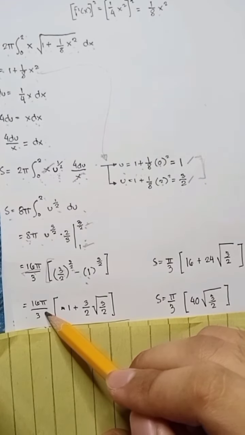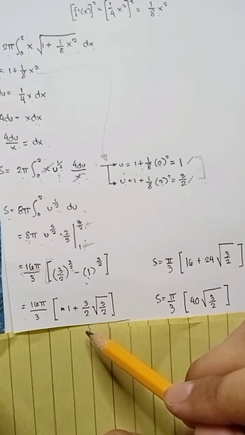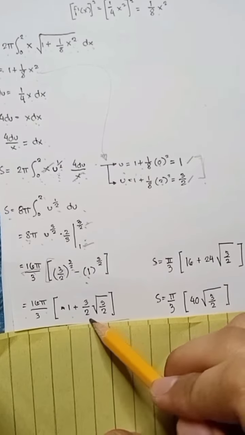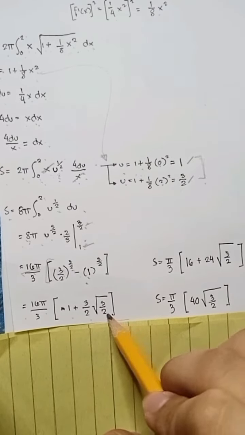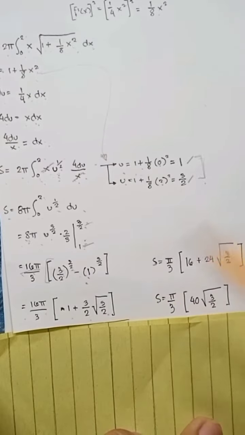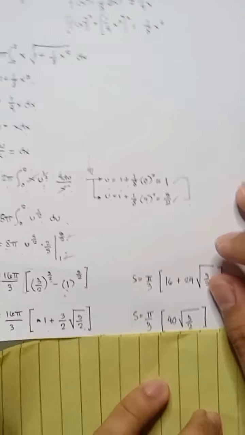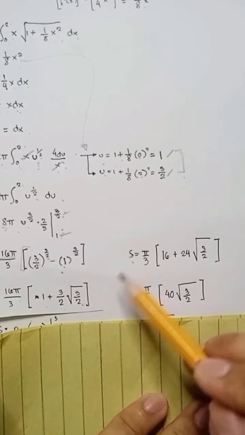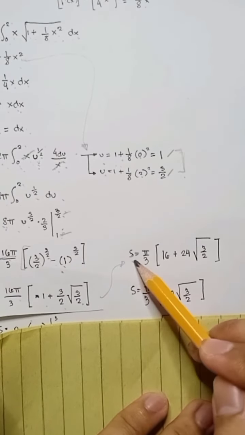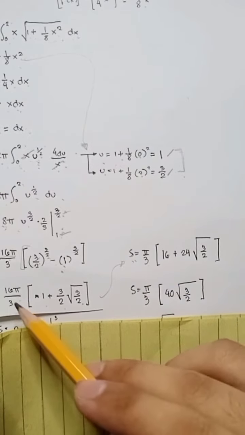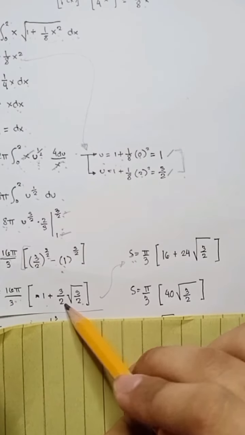S is equals to 16 pi over 3 times 1 plus 3/2 times square root of 3/2. So, using the calculator once again, simplify pa natin siya. Ito. So, dito na siya. S is equals to pi over 3 kasi dinistribute na natin yung 16 sa loob.